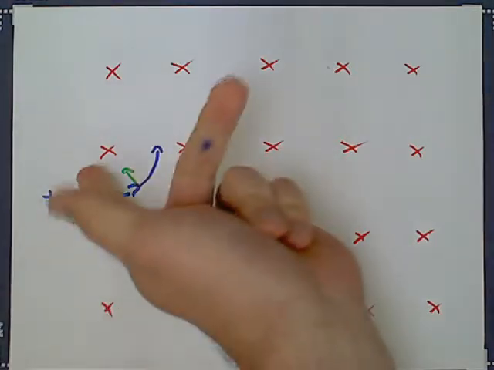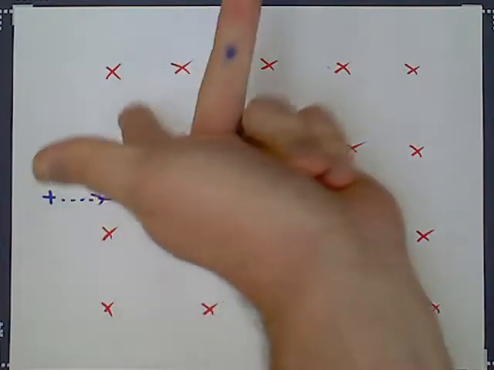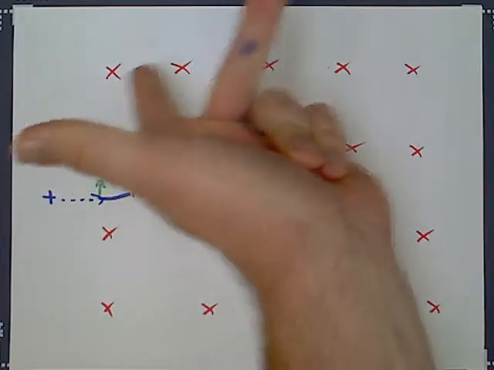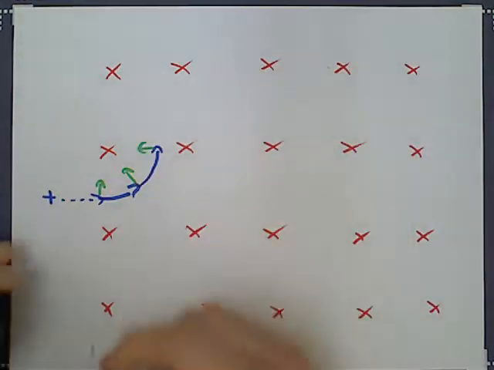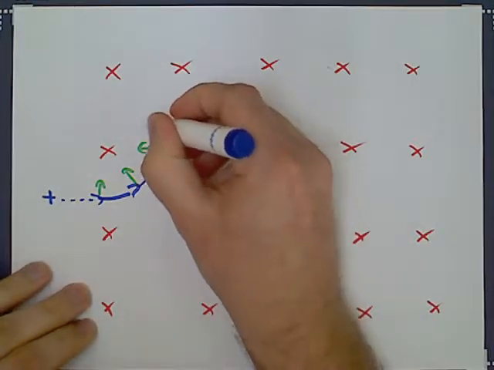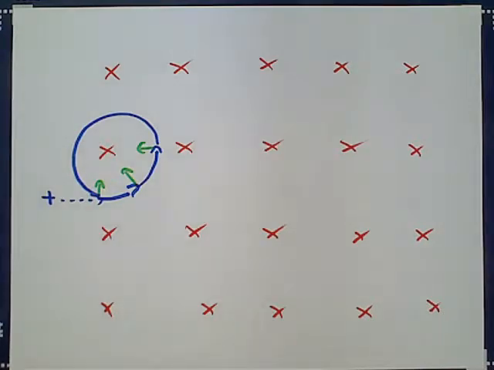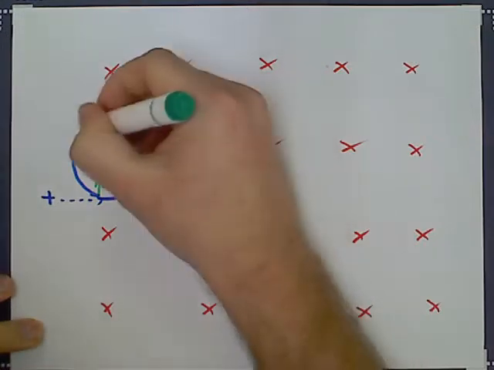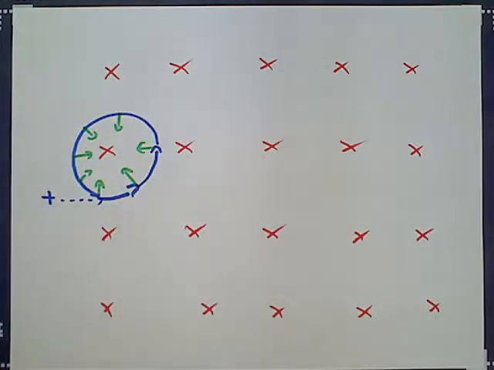Well, again, we've got our current now in that direction, and the field still into the page. My thumb is now pointing back the way it came. And so on and so forth. And what we get here is a situation where this particle is effectively moving, yep, you've got it, in circular motion.